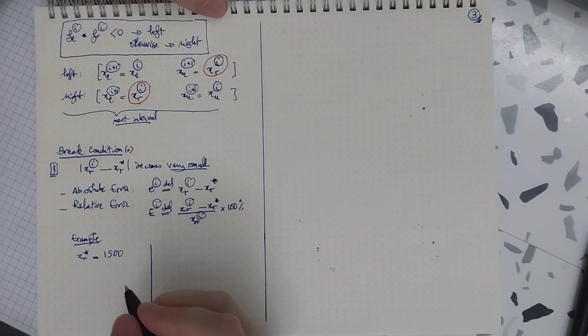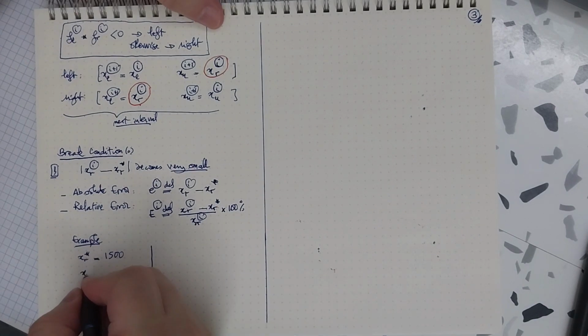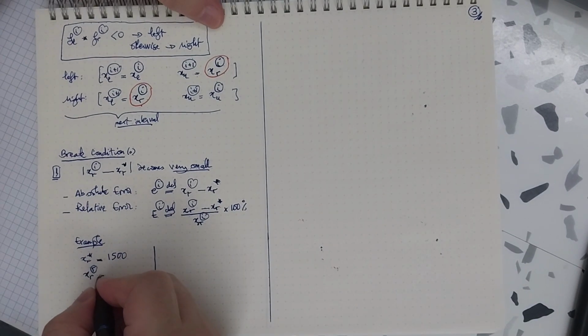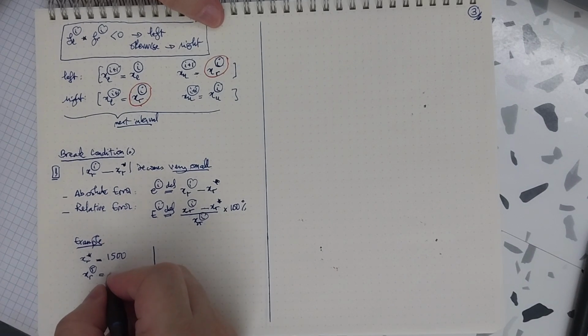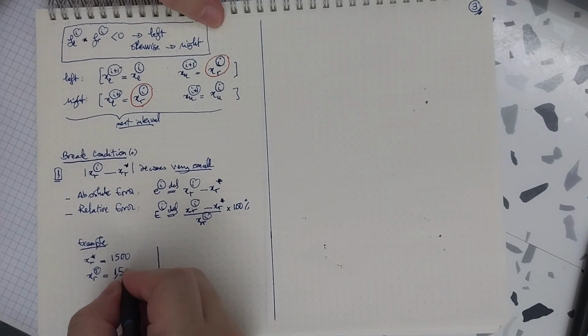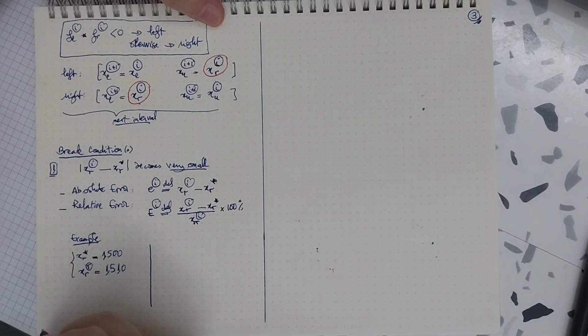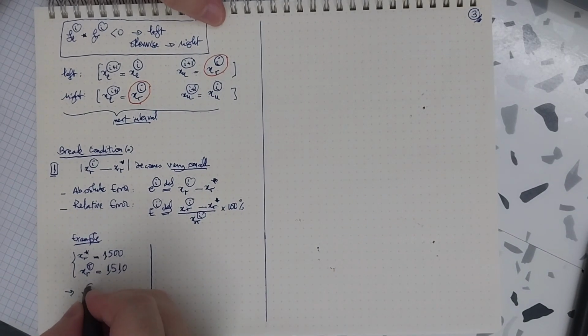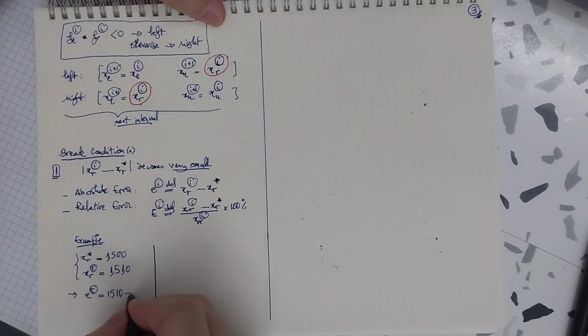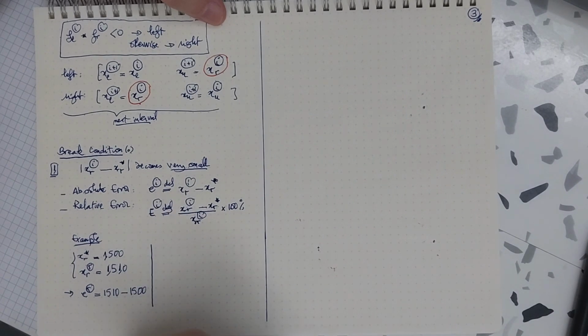We applied the Abou Kamel method, and at the fifth iteration we found XR5 equal to 1510. According to the definition, E5 equals 1510 minus 1500, which equals 10.